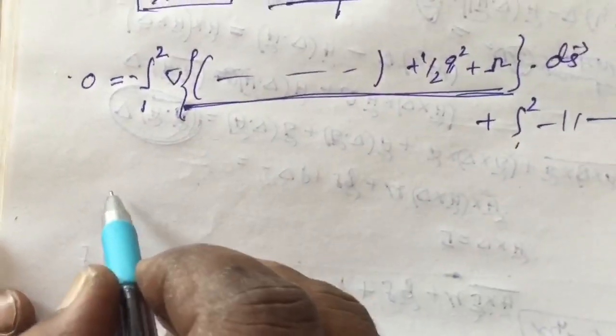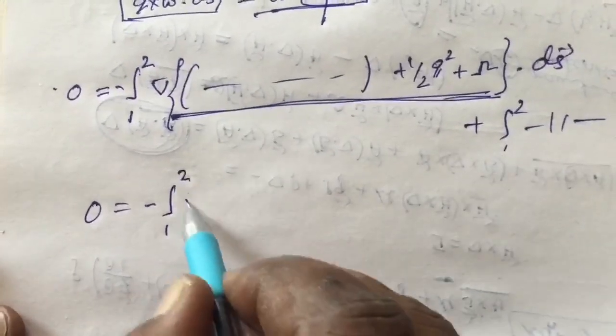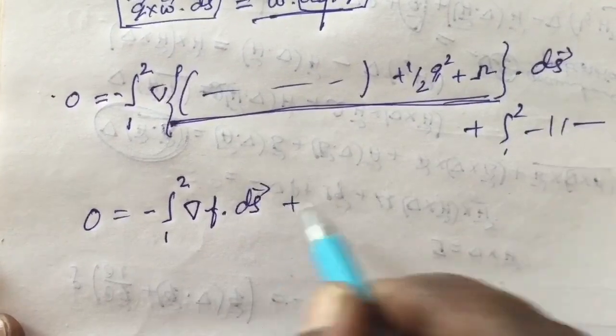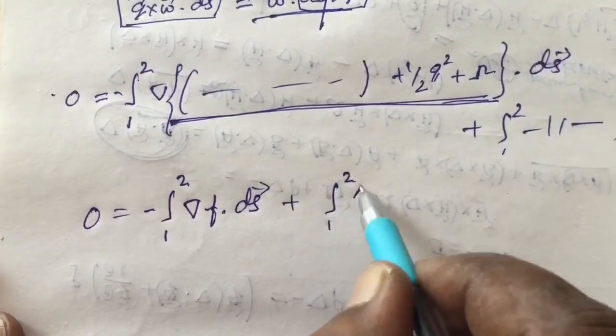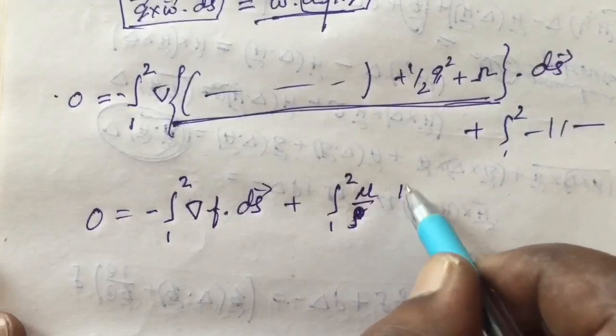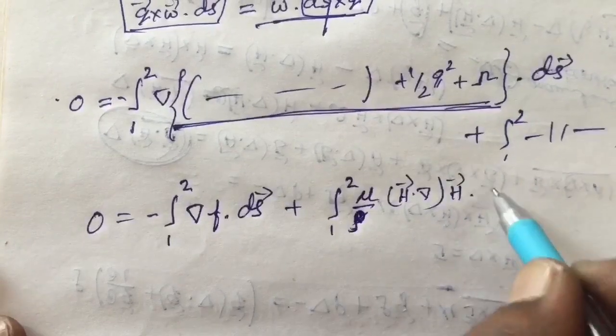Then your equation will become 0 is equal to minus integration from 1 to 2 of gradient of f dot ds, plus integration from 1 to 2 of mu by rho into h dot del of h dot ds.